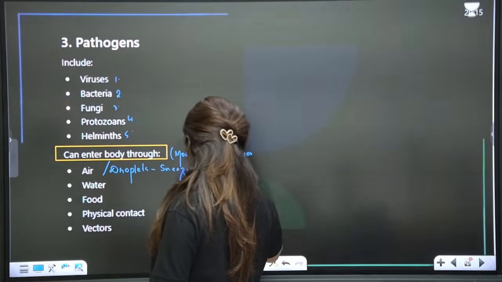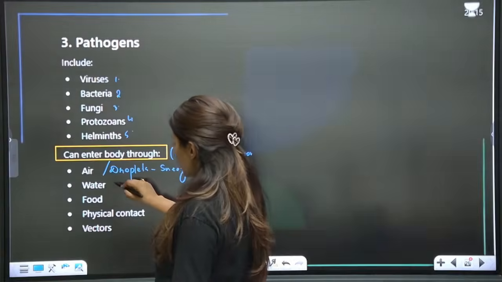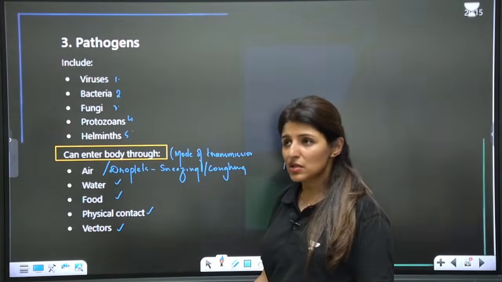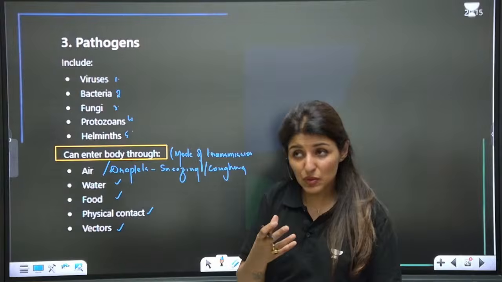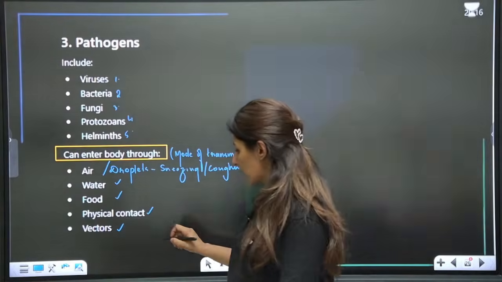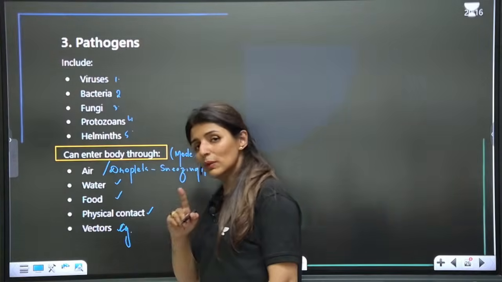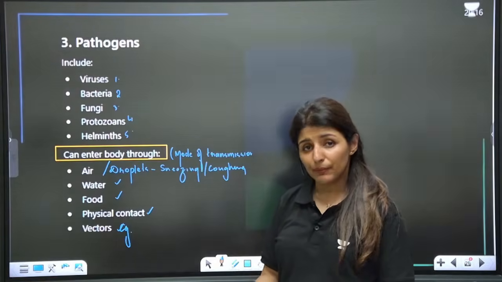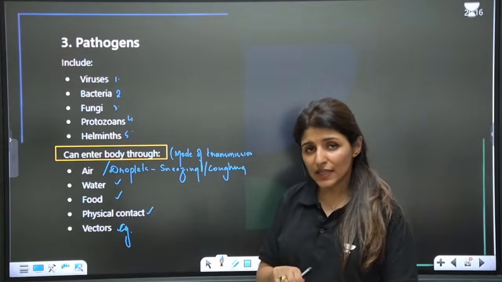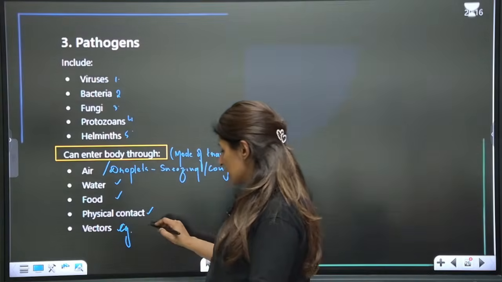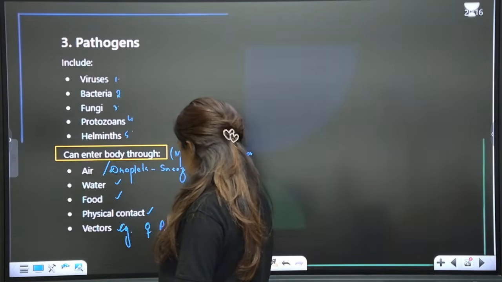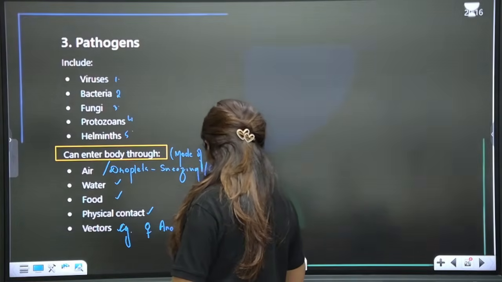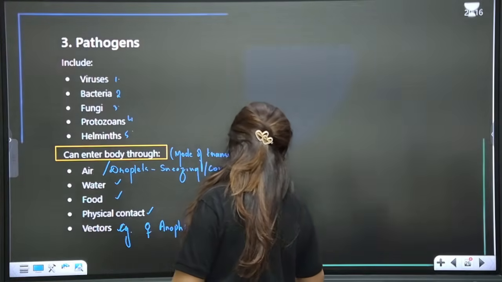Then water, then food, physical contact, and vectors. Which are the vectors? Vectors are some organisms which are bringing these disease causing organisms. For example, we know malaria is not caused by a mosquito. It is caused by Plasmodium. But who brings that Plasmodium inside you? It is a female Anopheles. So female Anopheles, right? Culex. Then we have female Aedes, right?